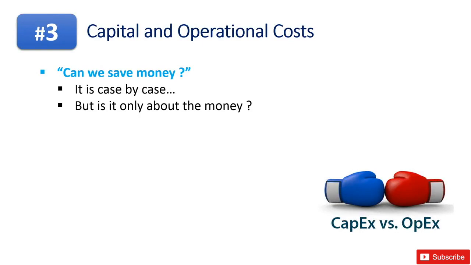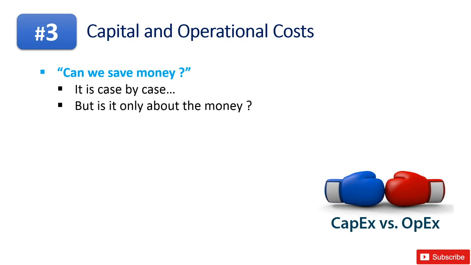Saving money is probably one of the main reasons that companies are looking at cloud services. There is still a big debate whether public cloud services are at the end really helping to save money. The answer is something in the middle. In some cases, it will save money, and in others, it may be a more costly solution when looking at the long run.